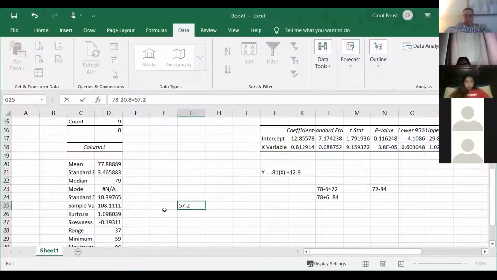The low end would be 57.2, and the high end would be 78 plus the standard deviation times 2, which is 20.8, so the high would be 98.8. So I would expect 95% of the scores on the final to fall between 57 and 99. Is that making sense?